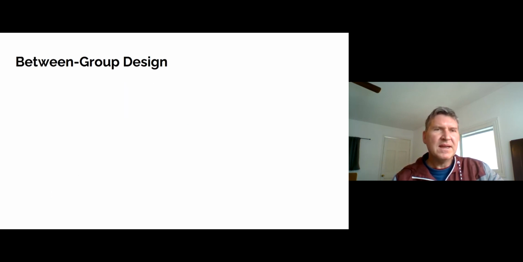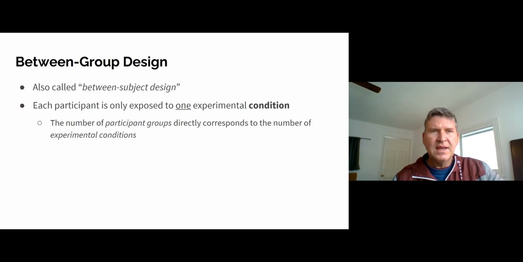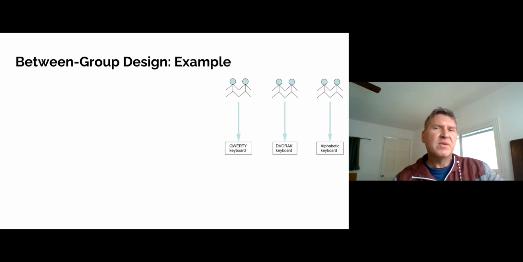So getting to that is the between group design. It's also called between subject design. And each participant only has to do one of those 3 conditions. So the number of participant groups corresponds to the number of experimental conditions. However, keep in mind this requires 3 times the number of participants, but each participant only has to do 1/3 of the work.